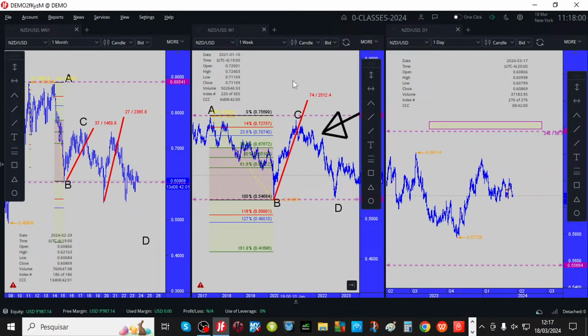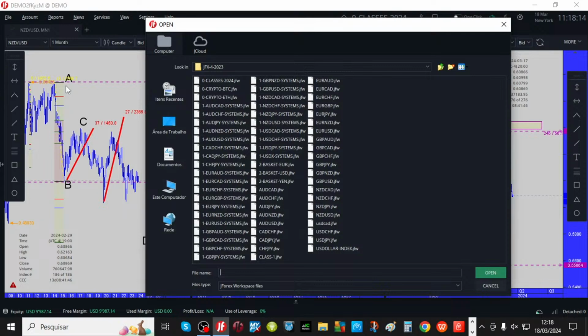You have NZD CAD, it's in a downtrend. AUD USD, NZD USD, AUD CAD. Let me go in here. I don't remember, so let me open it. I'm going to tell you currency pairs that are in a downtrend. AUD CAD, AUD USD.